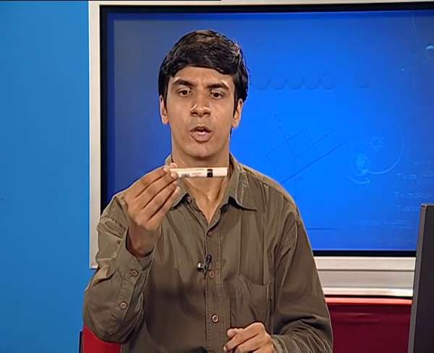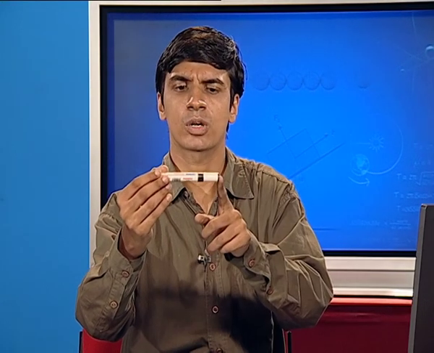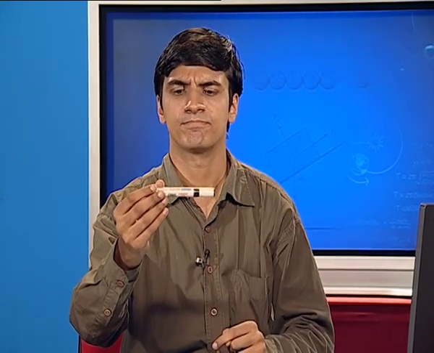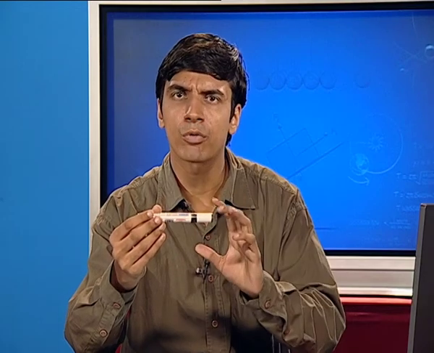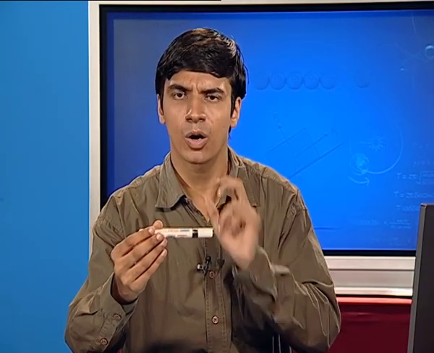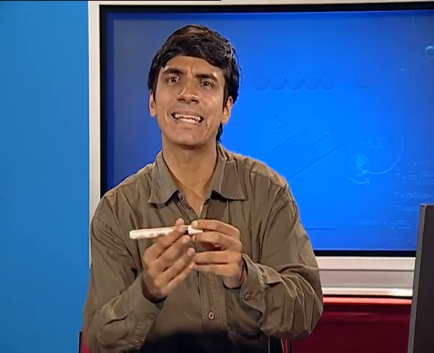Similarly, in the case of fluids, for example, if you have a pipe like this, you want to say, okay, this much water is coming out of it. So, what is the amount or the density of water contained in this tube?